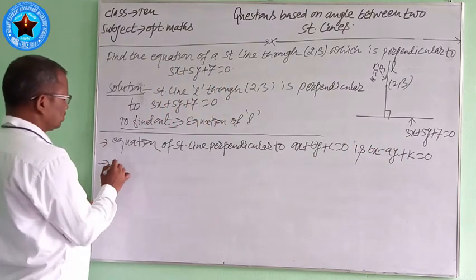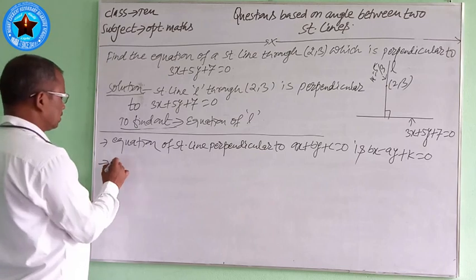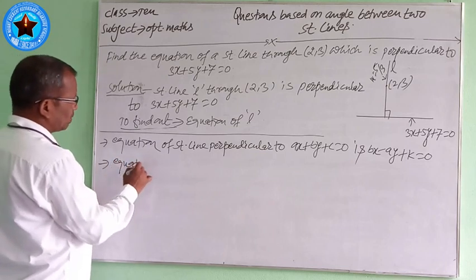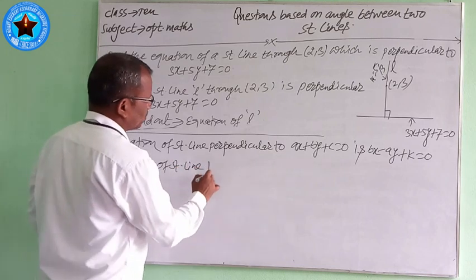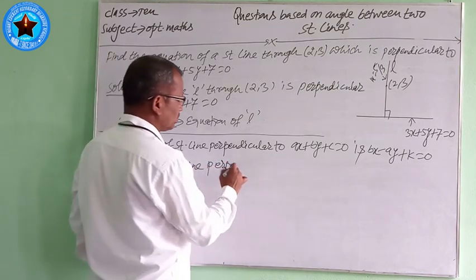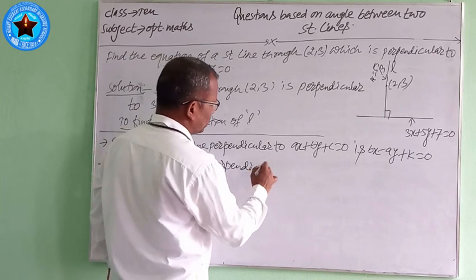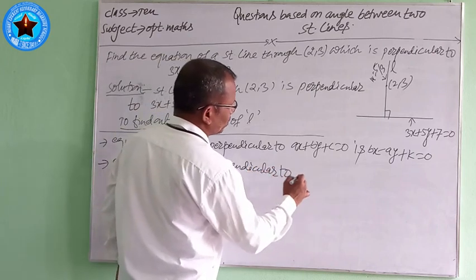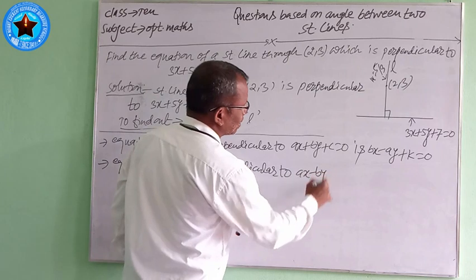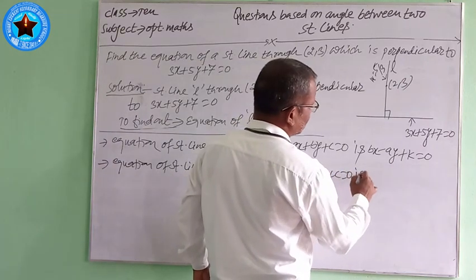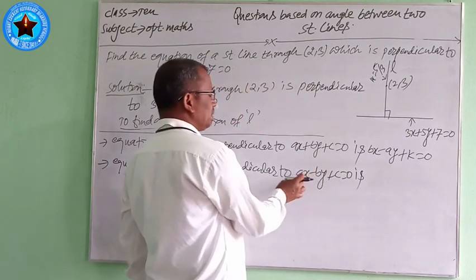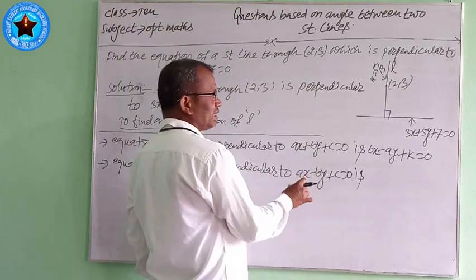Other is here. If the equation of a straight line perpendicular to ax minus by plus c equals 0 is given, interchange the places of the coefficients of x and y.